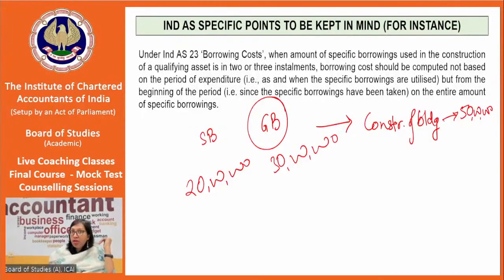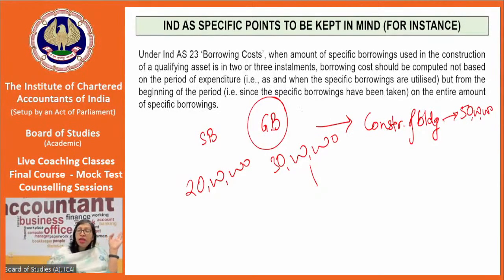For general borrowings, entities or corporates procure funds from issue of bonds, issue of debentures, loans from third parties, loans from banks, any type of fund they have raised, in different manners and not for a particular specific qualifying asset.